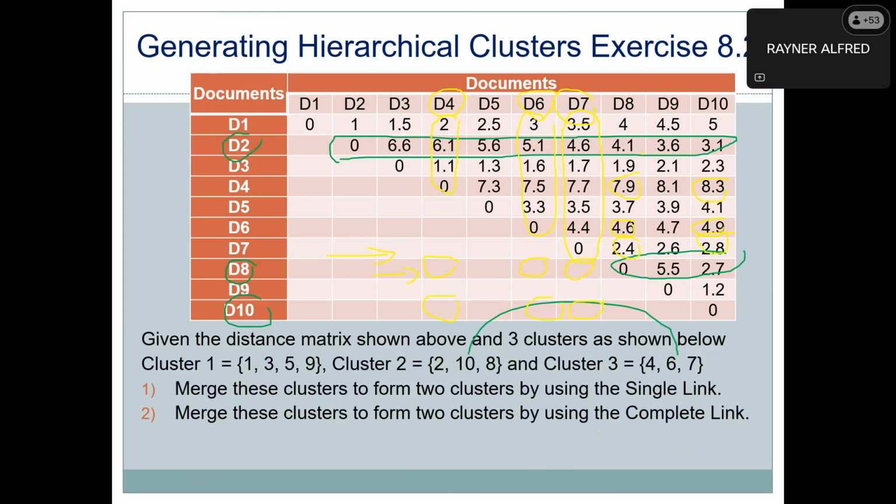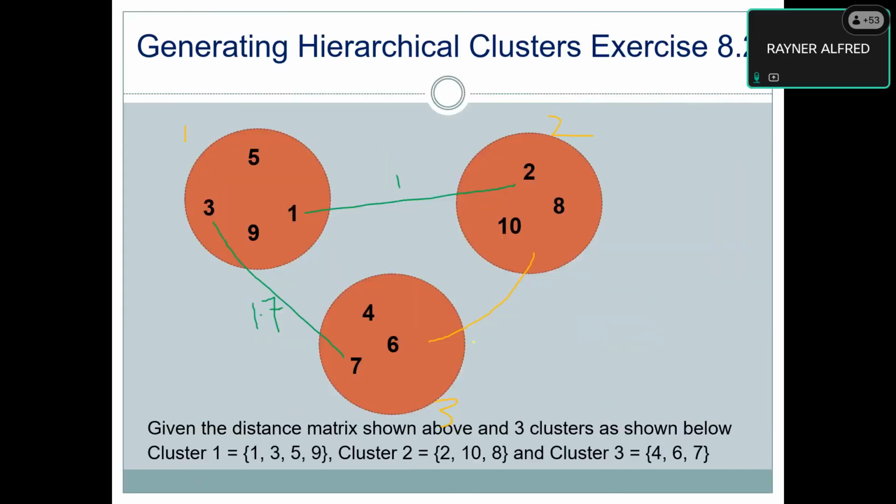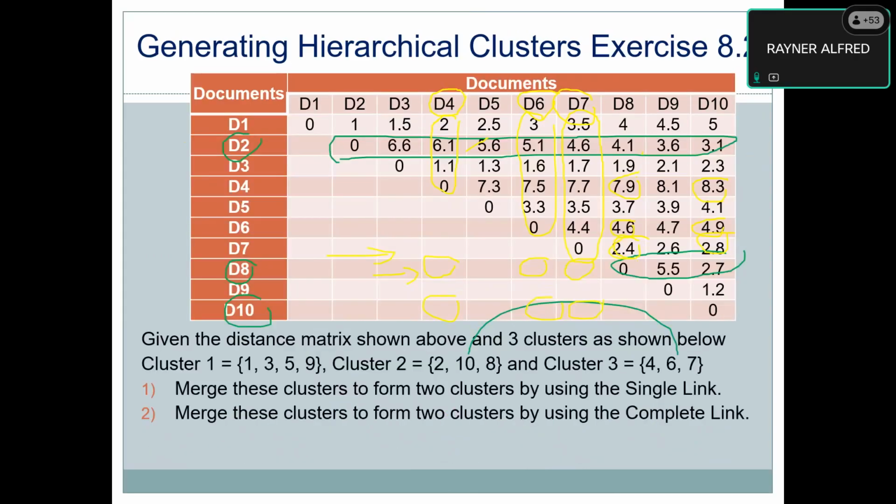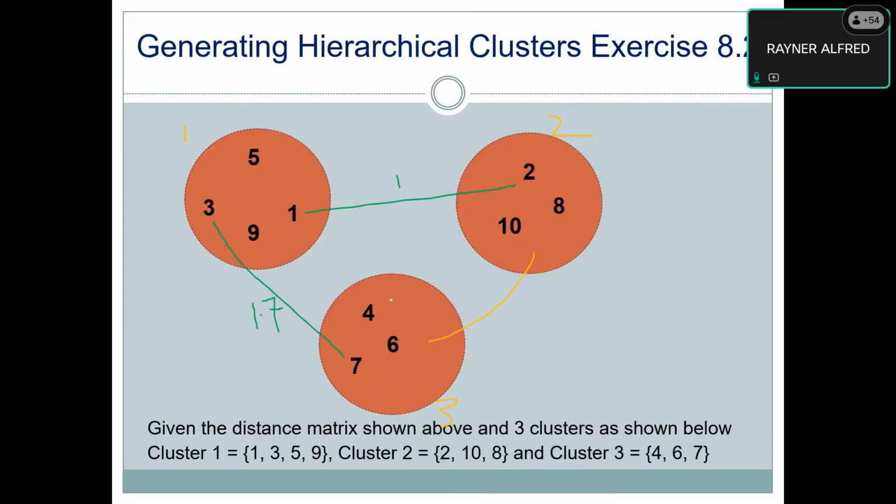No. Yes, 2.4 is the smallest one. Because over here, nothing. So 2.4 is the smallest one. So the distance between this is between 4 and 8. So this is the distance.